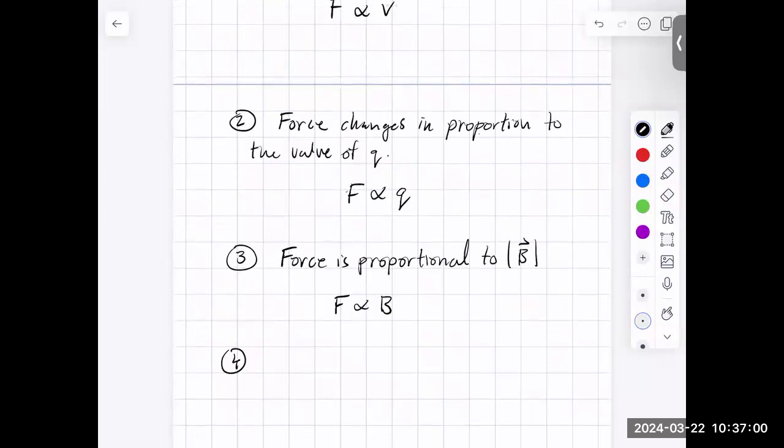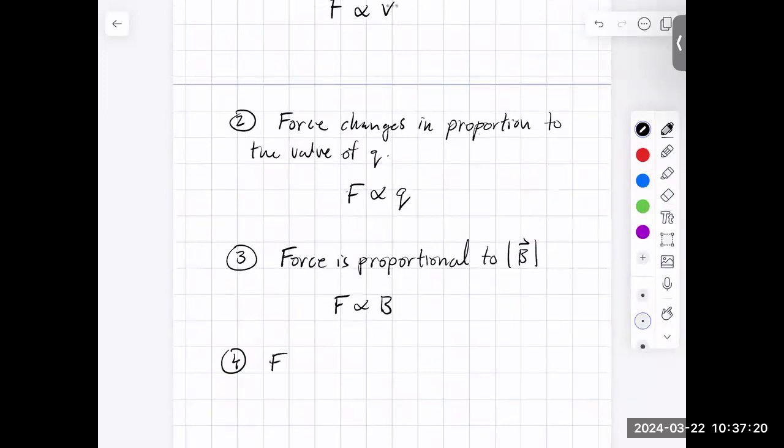Now, there's a more subtle observation, just like we had a subtle observation for the strength of the magnetic field created by a moving charge. The force is going to depend on the relative direction of the velocity and the magnetic field.